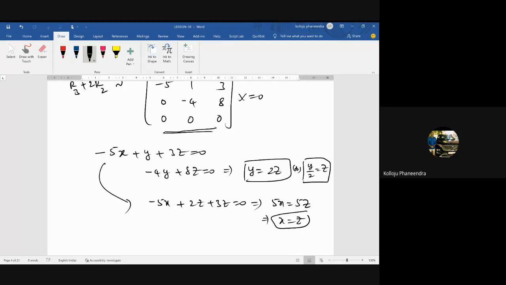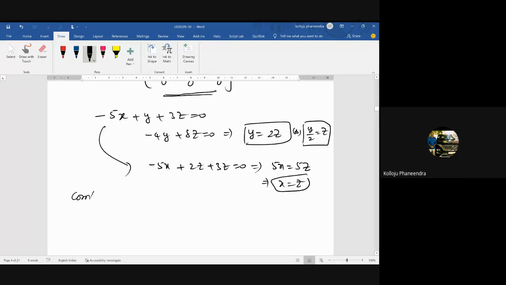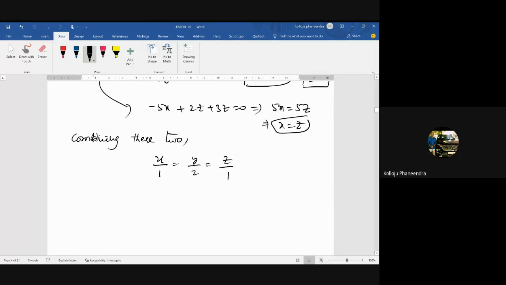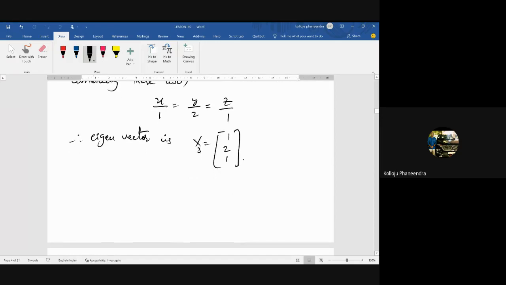So combining these two, what we have is x by 1, y by 2, z by 1. So the third eigenvector is x3 equal to 1, 2, 1. Now eigenvalues are over, eigenvectors are over.